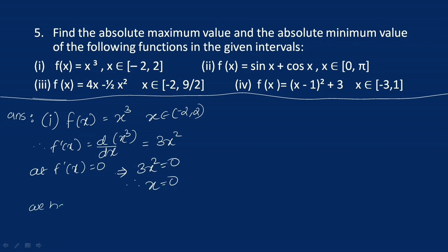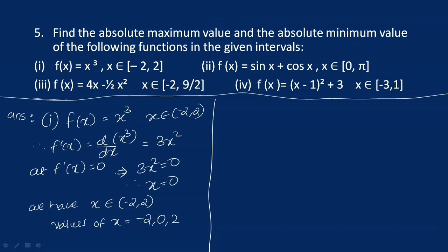From that x = 0. So we have x belongs to the interval -2 to 2. In order to find absolute maximum and absolute minimum, the values of x should be -2, 0 and 2, because it is from the interval -2 to 2. So we'll be taking the values of x, that is -2, 0 and 2.